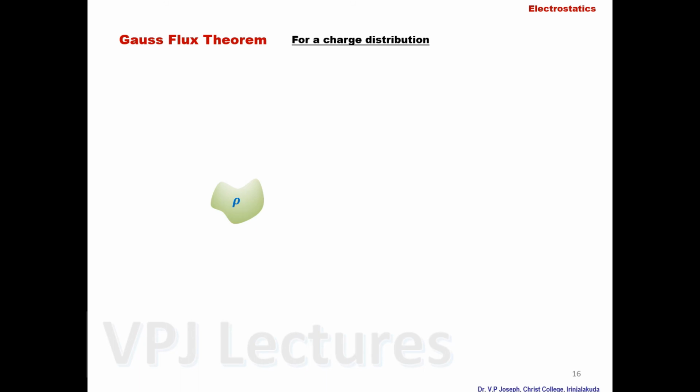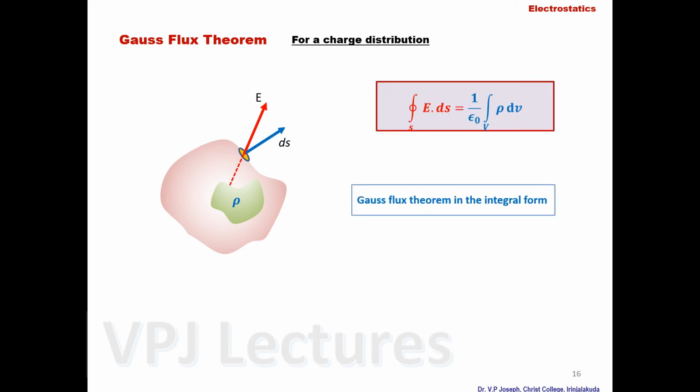Now let us consider a charge distribution. In the previous derivations we have considered a point charge q. If it is in the form of a distribution, instead of q we will consider the volume integral rho d tau, the total charge enclosed within the Gaussian surface. So in this case, if you take an E and a ds like this, the only modification is here: 1 by epsilon 0 volume integral rho d tau, since this charge is characterized with rho.